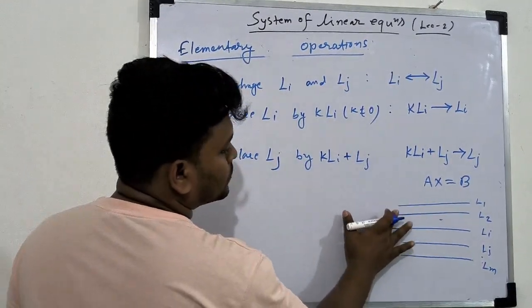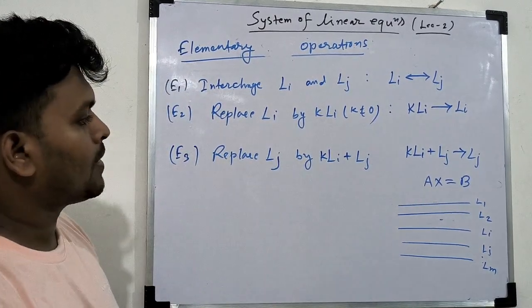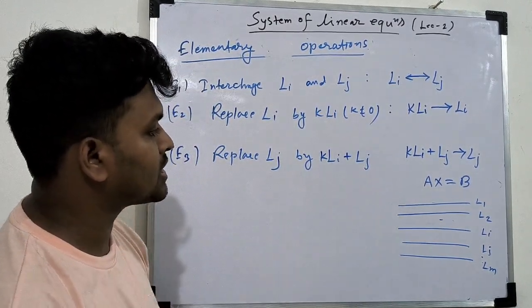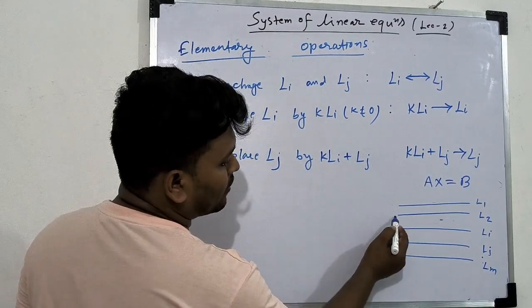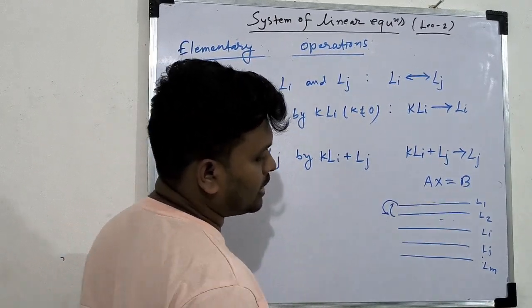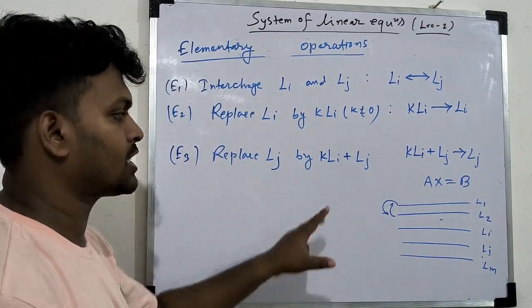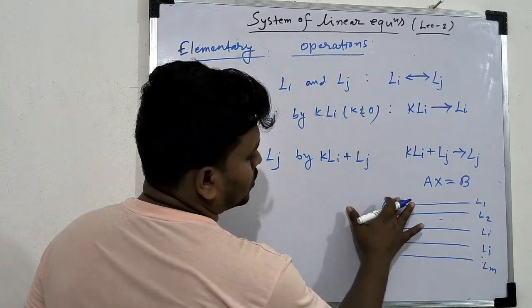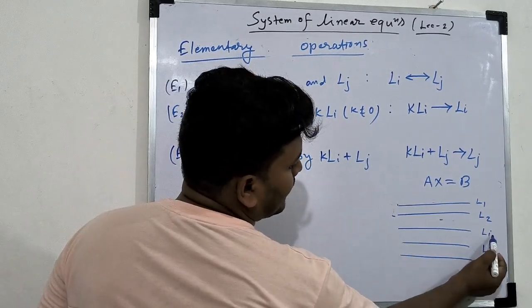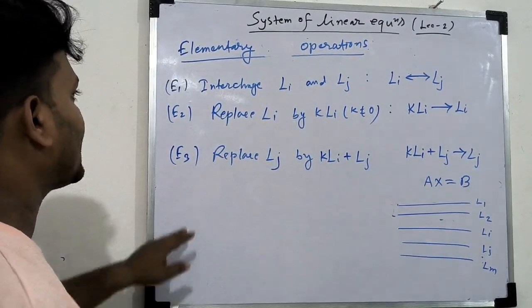We can replace these two equations, taking the first and the second, in the system, and the solution of the system will be the same. We can also replace Li by k into Li and similar relations.